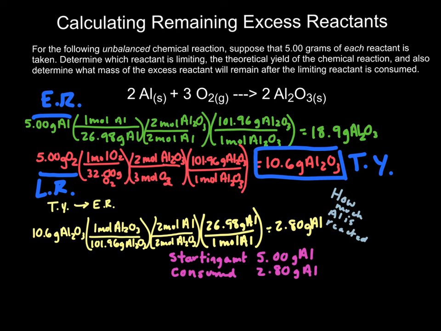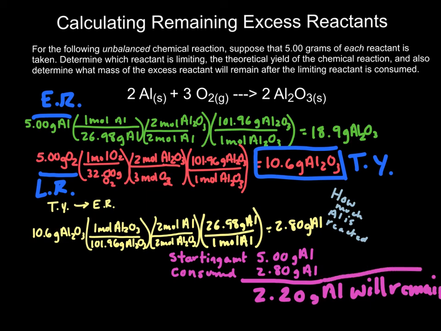We end up subtracting the 2.8 grams from the 5.0 grams, and what's left will be 2.20 grams of aluminum, and we say they will remain. This is our final answer after all of this work.